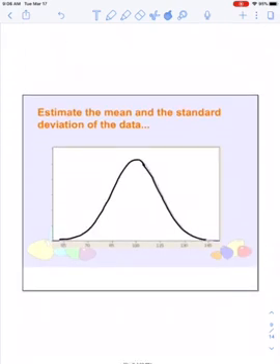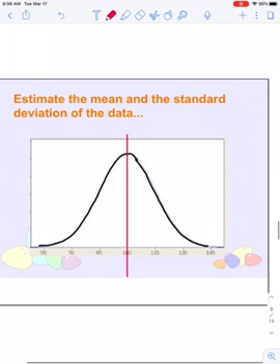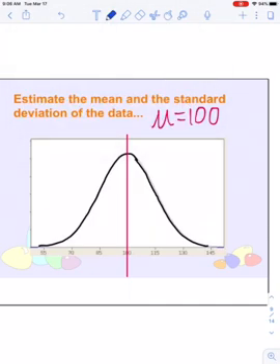So if we are looking at this and we want to know the mean and the standard deviation, the mean, again, is going to be directly in the center. So if we look here, our center is at 100. So the mean, mu, is 100. And then to find your standard deviation, you have to know where your inflection points are.